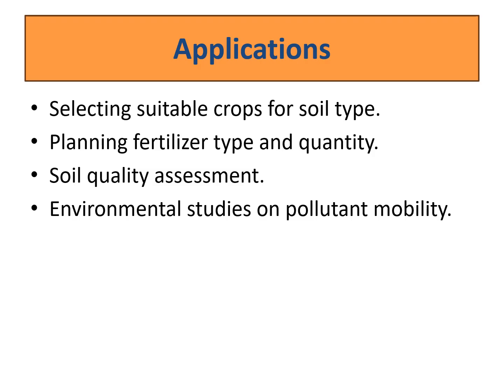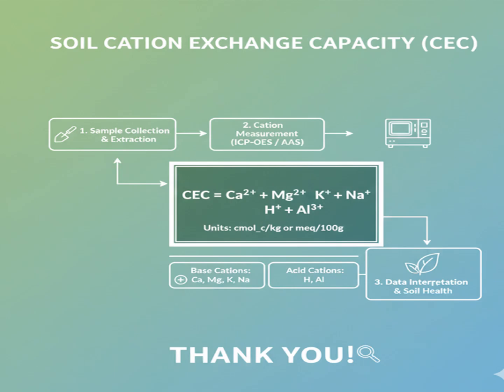And agronomists use CEC to classify soil and evaluate soil amendments. In simple terms, CEC helps us understand how soils behave and how they store nutrients, and how best we can work with them for sustainable agriculture. So that's all about CEC.